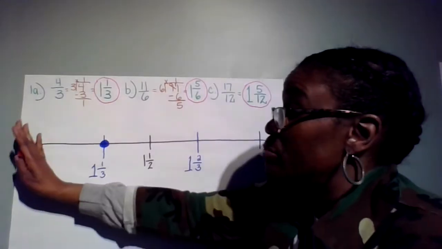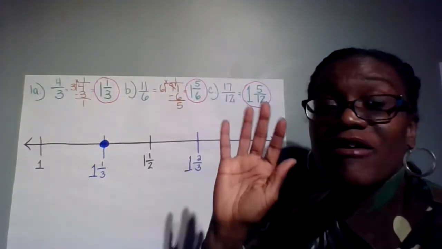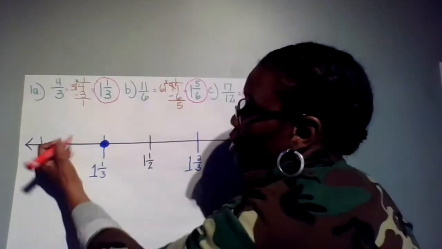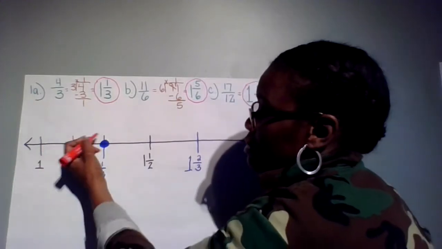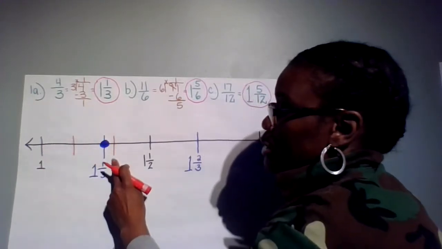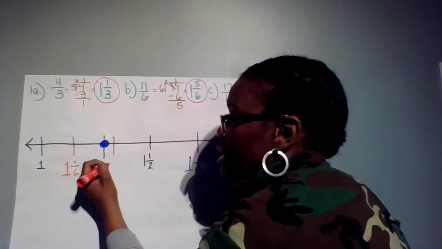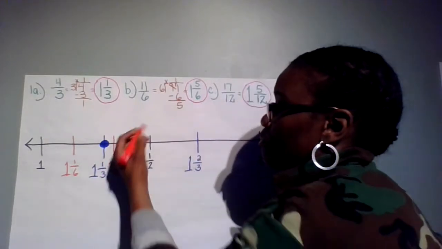Now I'm going to use red to show my 5/6, my 1 and 5/6. So that means that between 1 and 2, I'm going to have 5 other lines. So let's go. I'm going to have 1 and 1/6, 1 and 2/6.